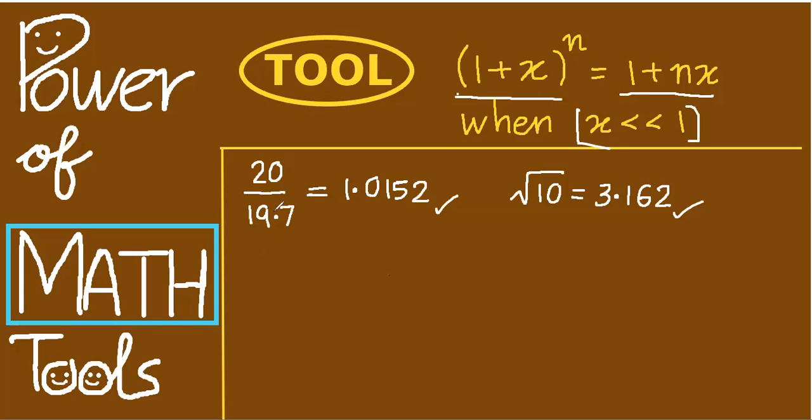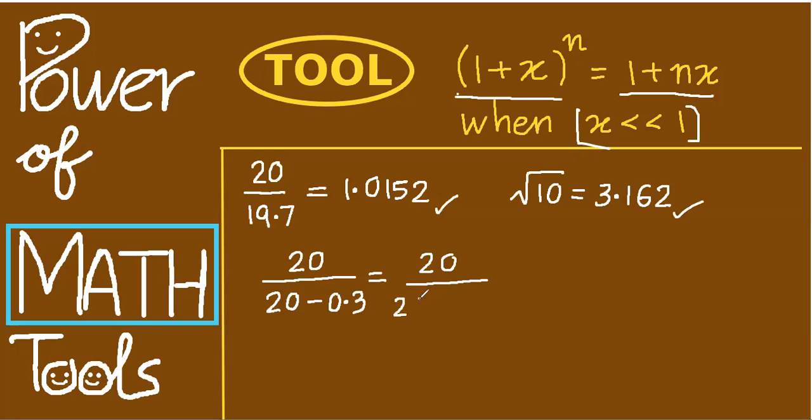So here we start. Just look at this number, 20 divided by 19.7. With a simple logic, you can convince yourself that if we write 19.7 like this, then it is better. You can clearly see 19.7 is 20 minus 0.3. Now, my friend, you do this. You take 20 common in the denominator.